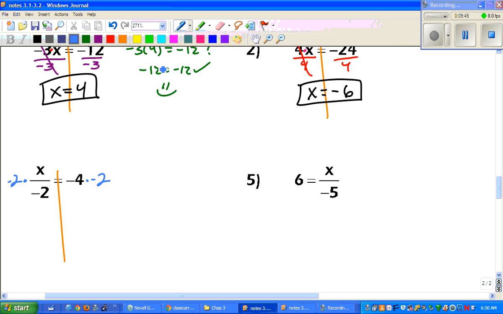Multiply both sides by -2 to cancel. X equals 8. And to do our check, 8 divided by negative 2, does that give us negative 4? And the answer is yes.